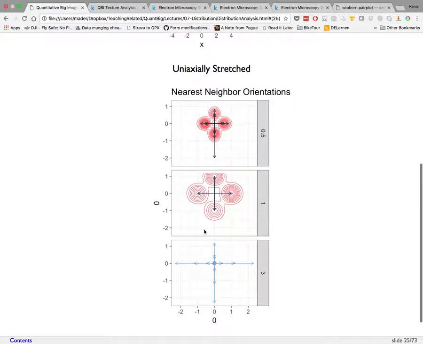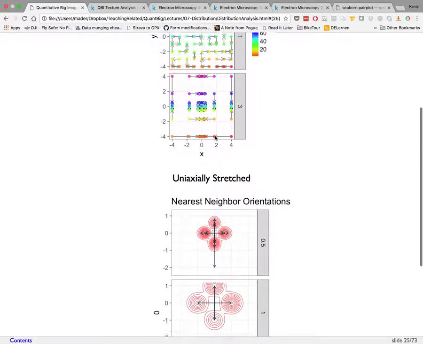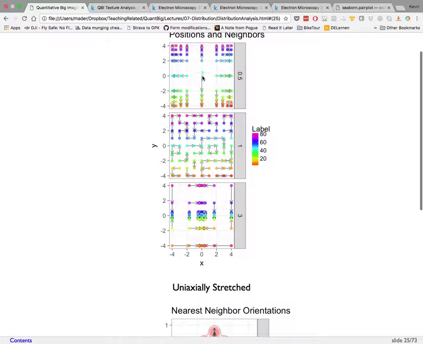Here we have that exact graph we had before, where in the normal system we have the up, down, left, right, very clearly visible, equally likely in every direction. And now we see that the stretch system starts to get different lengths. The point in the middle is much further from all the other points than the points near the edges.